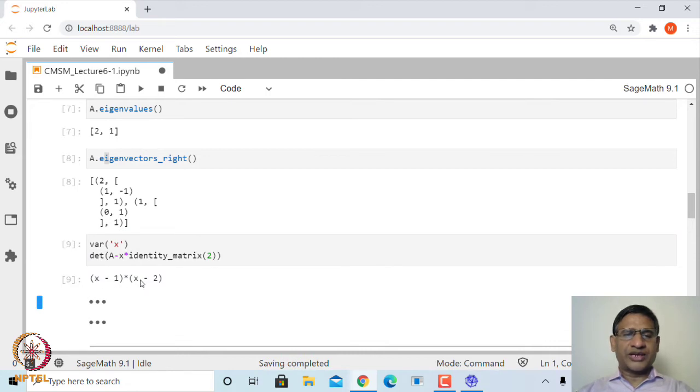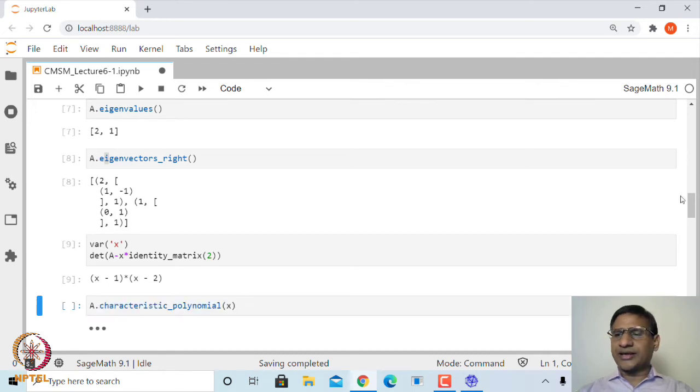Then this is the characteristic polynomial, and you can see here it is factored as x minus 1 into x minus 2, and therefore, if you equate it to 0, x equal to 1 and x equal to 2 are roots of this characteristic polynomial, and therefore, 1 and 2 are eigenvalues of this matrix A.